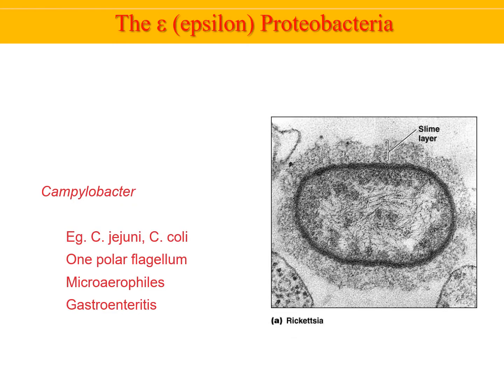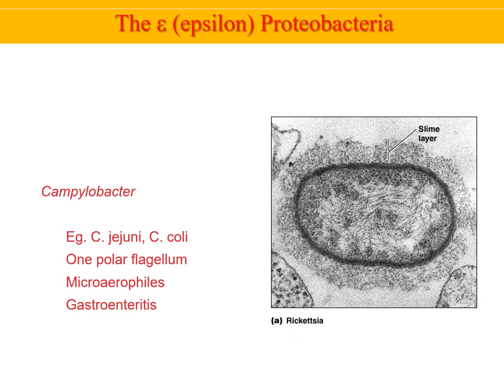The next two slides. Campylobacter is a genus that has a couple of species. There's Campylobacter jejuni and Campylobacter coli that are microaerophiles. I've talked to you about those before.